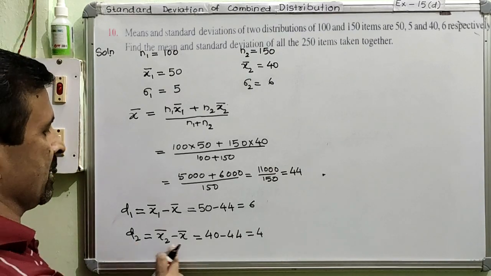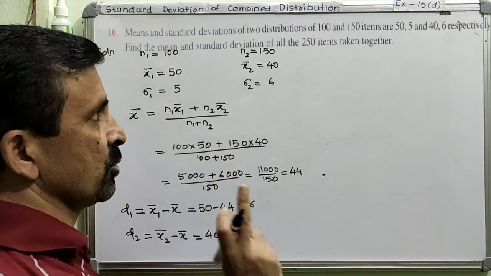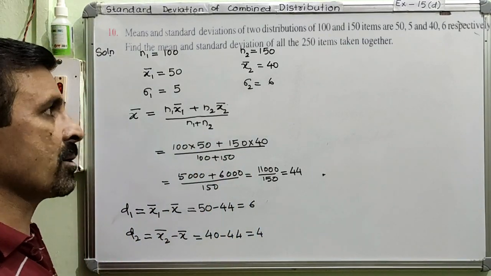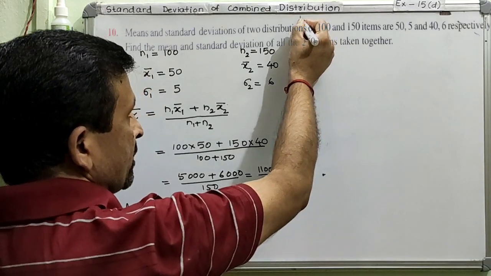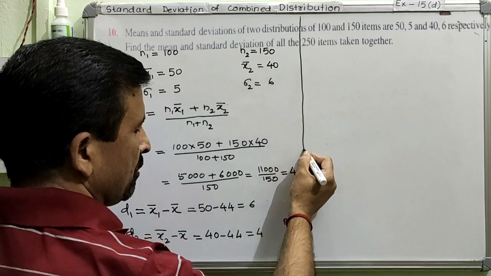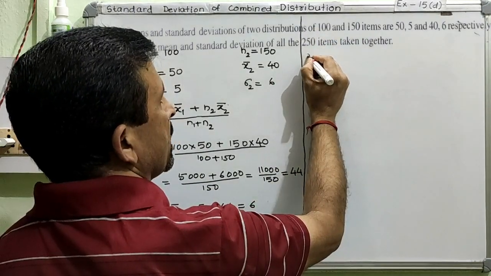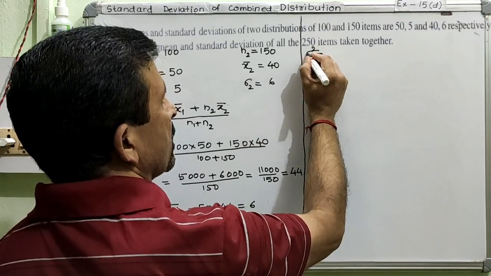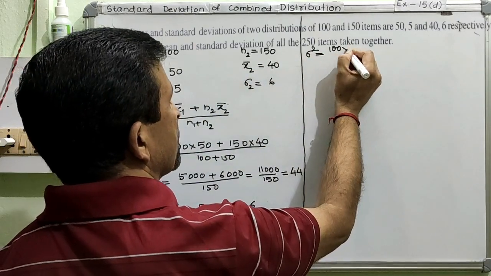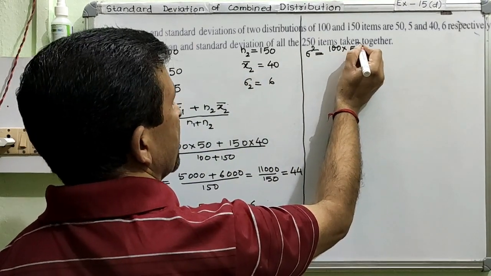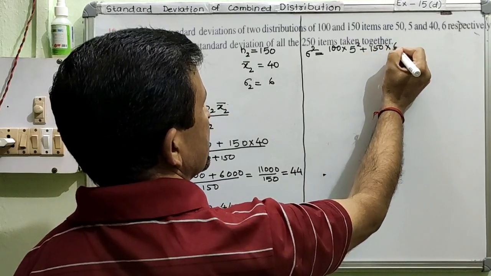Done. Now we have calculated the value of d1 and d2, so we have all the information to use the formula. I am not going to write the formula because you already have it. Keep that formula in your mind and join me to see how I punch it in and how I calculate. So here sigma square is equal to n1 into sigma 1 square, that is 5 square, plus n2 into sigma 2 square, that is 6 square.